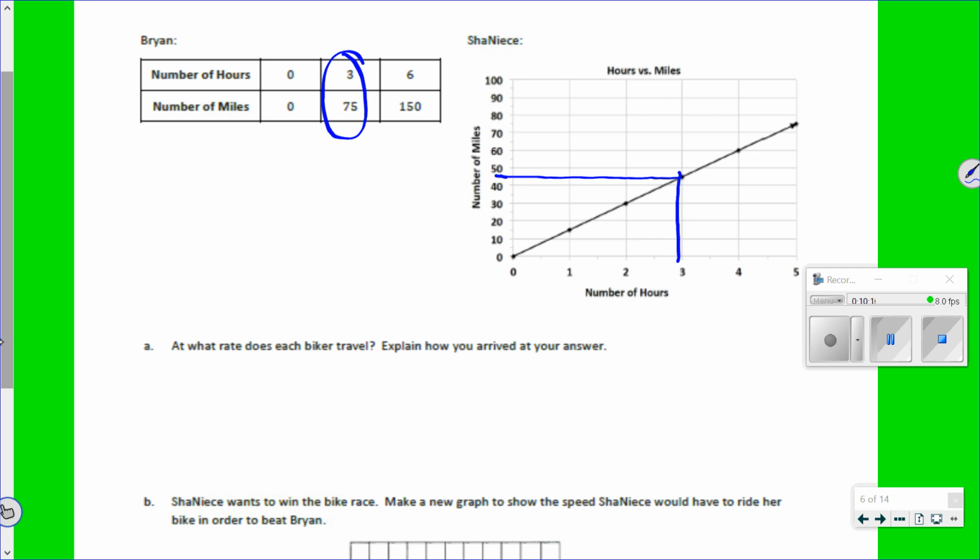What do we know about his rate? What does that tell us? How do I write that as a rate? Come on, we did rates yesterday or Tuesday. Say it. Okay, so 3 hours for 75 miles.